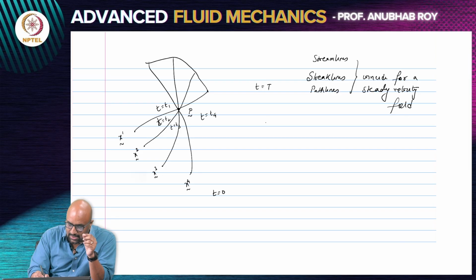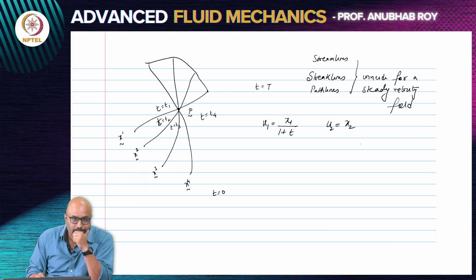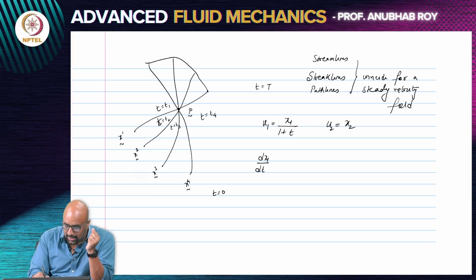So we'll take the unsteady problem that we have solved: u1 is equal to x1 by 1 plus t, u2 is equal to x2. So we solved the path line equations. The path line equation gave us x1 of t equals x1 of 0 times 1 plus t.